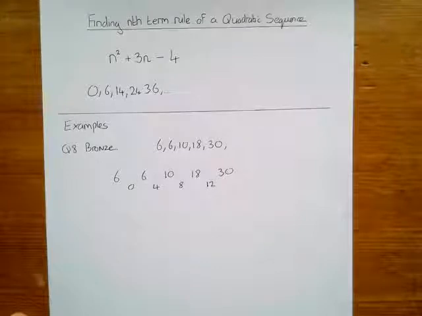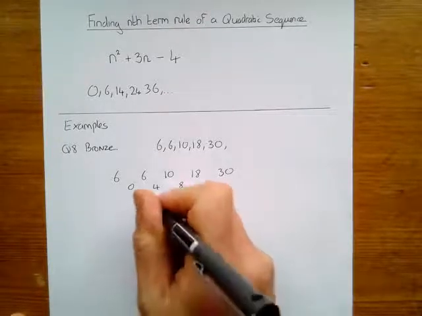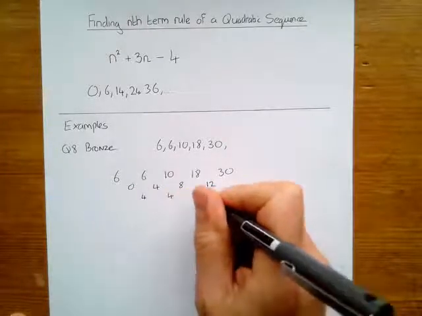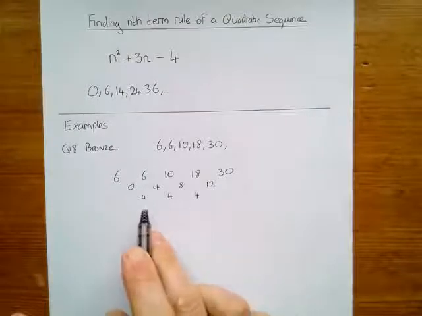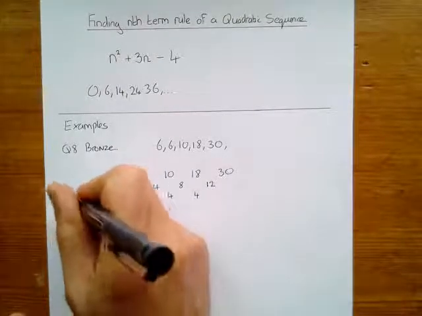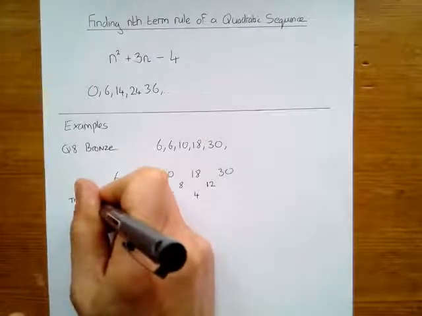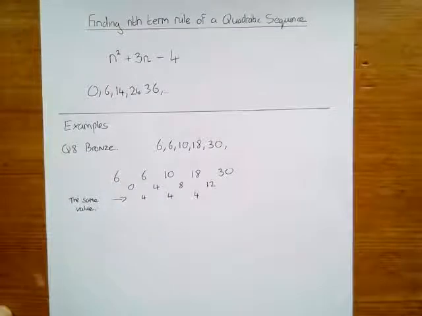You then do the gap of gaps. Now, if it is a quadratic sequence, you'll know it's a quadratic sequence because when you get to this line here, they will all be the same. So notice they're all the same value. That is your clue that you're looking at a quadratic sequence if you weren't sure.